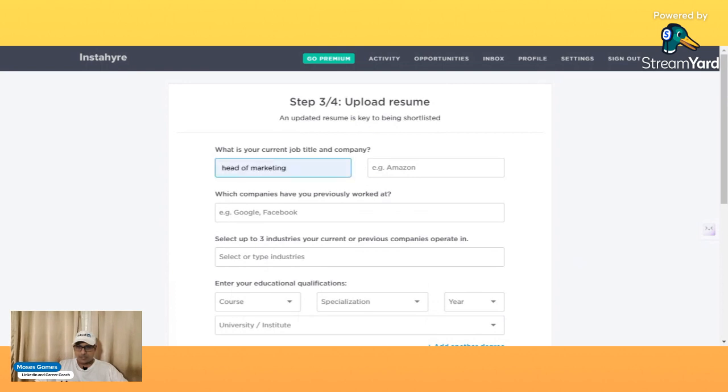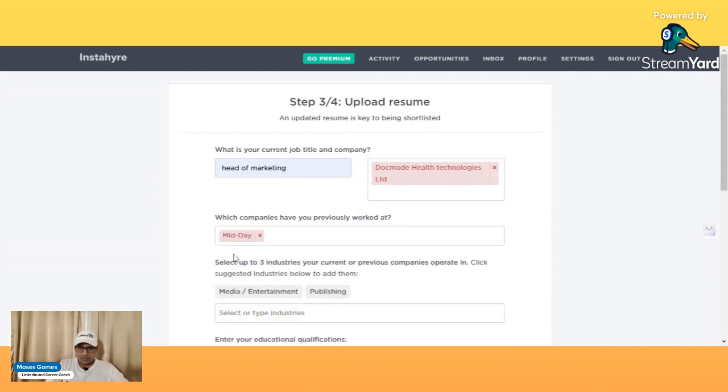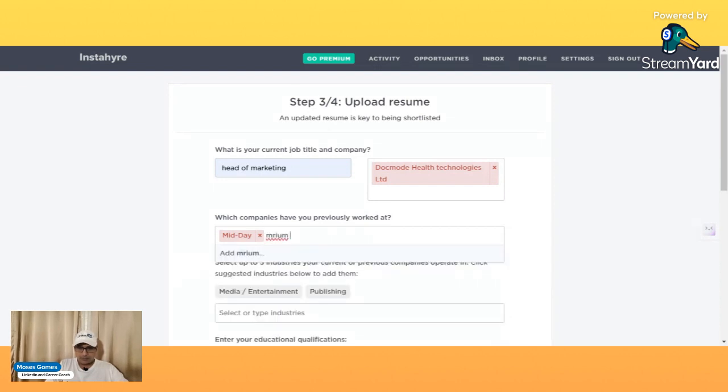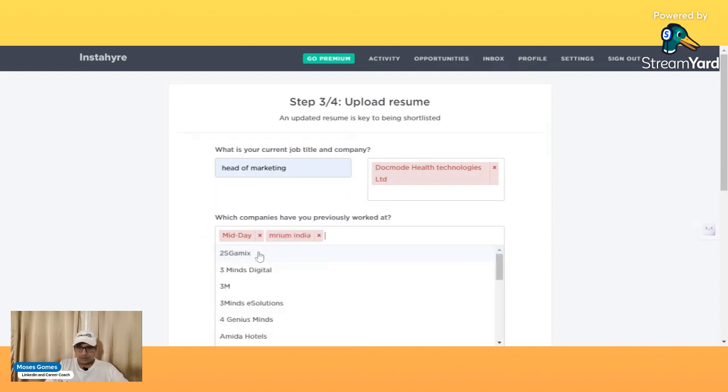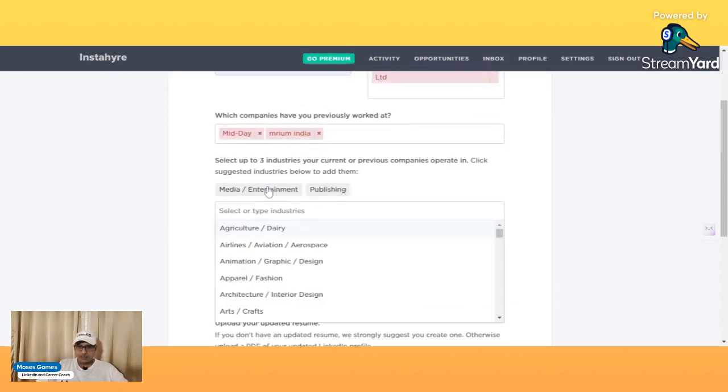You're a head of marketing company. So, which companies have you previously worked for? Medtech, then Miram India. Select the type of industries.